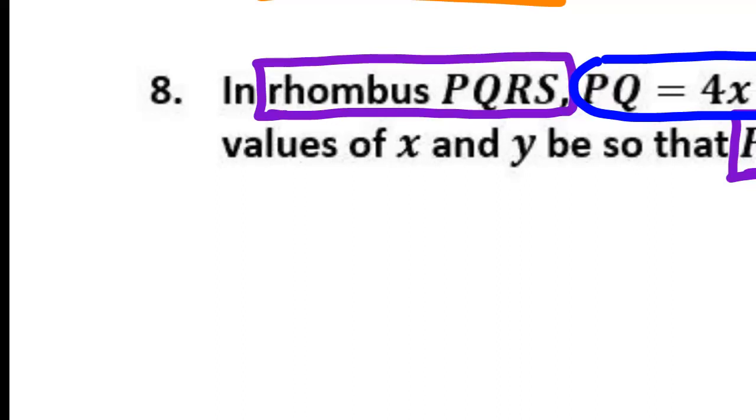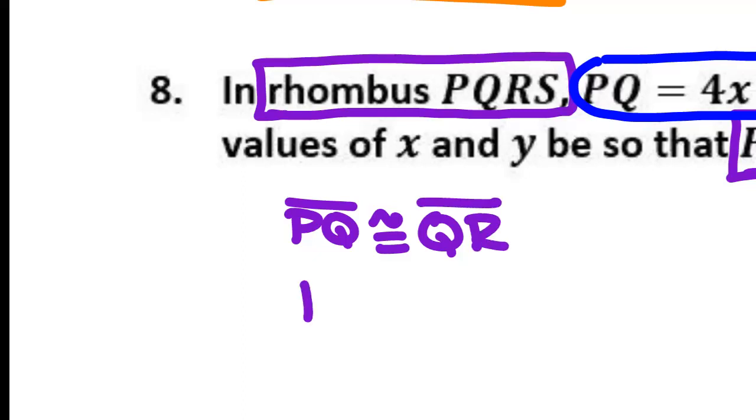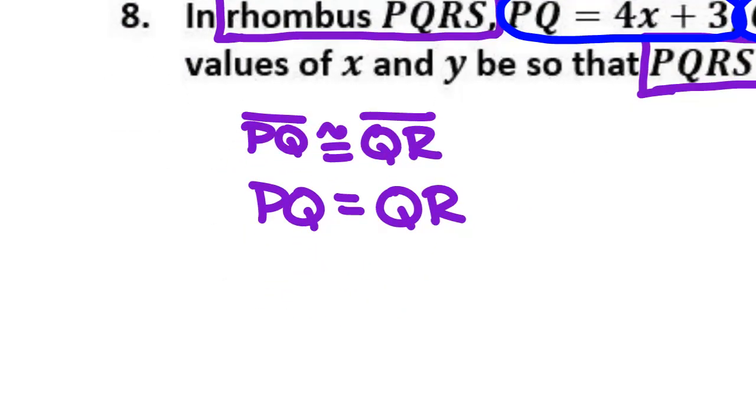Set them equal, and I can do that because the sides are congruent. PQ is congruent to QR, so that means that PQ is equal to QR. The lengths are the same. So I have 4x plus 3 is equal to 41.